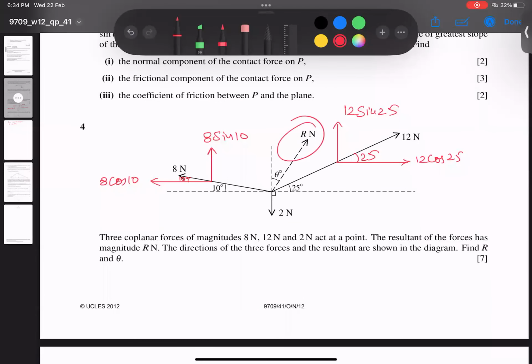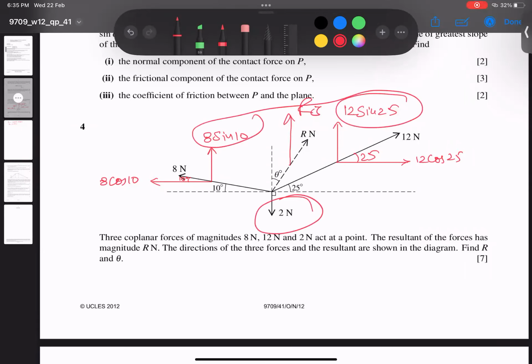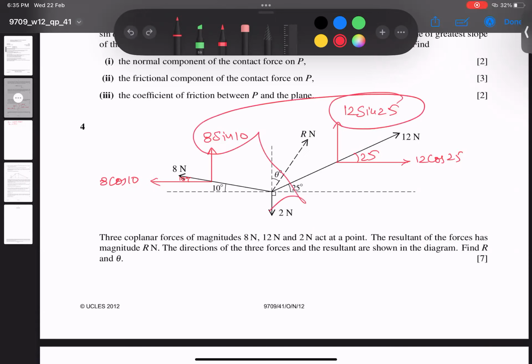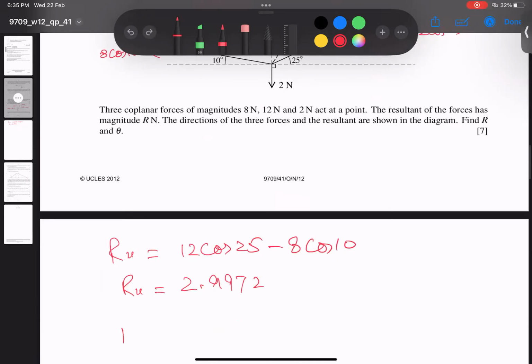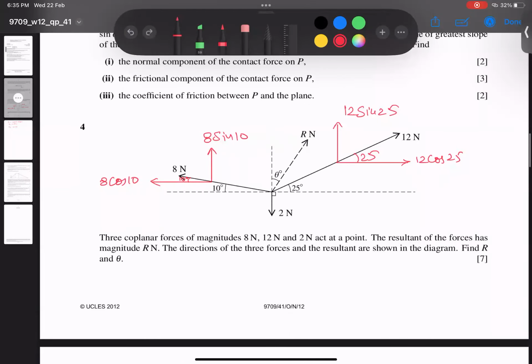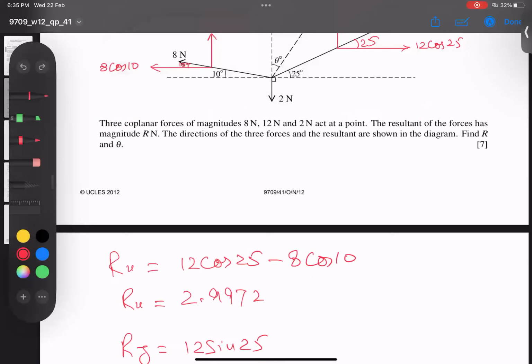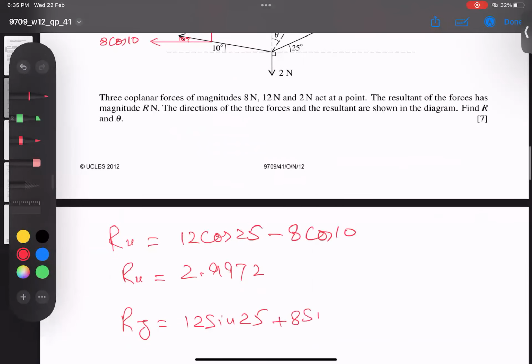Because R is here, by common sense this Ry is acting up. It means this component is bigger compared to the component below, so I will take it as it is. So this plus this minus 2: 12 sin 25 plus 8 sin 10 minus 2.